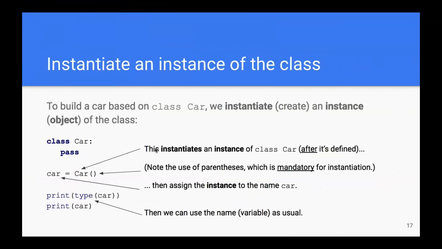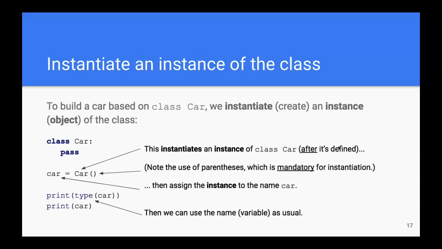The first thing we know is that when we say the name of the class followed by parentheses, this instantiates an instance of the class Car. Obviously, we can only do this after it's defined.